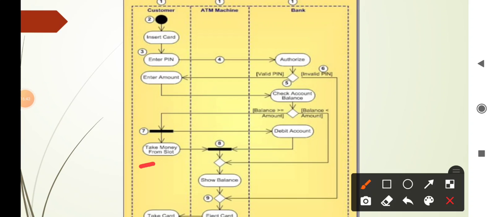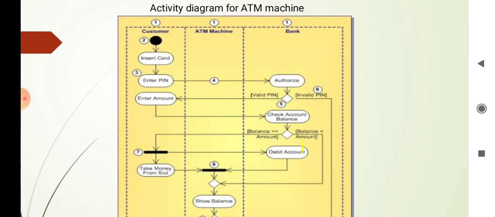And when the balance is less than the amount, then we can only show the balance. And if we take money from the slot, then we debit your account. And it also connects take money from the slot and show the balance. That means here we use the join and fork, and it shows the balance, and then eject the card and take the card. This is the activity diagram for an ATM machine.